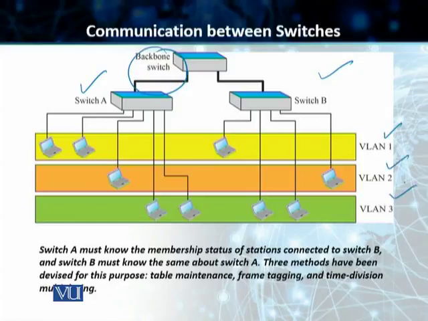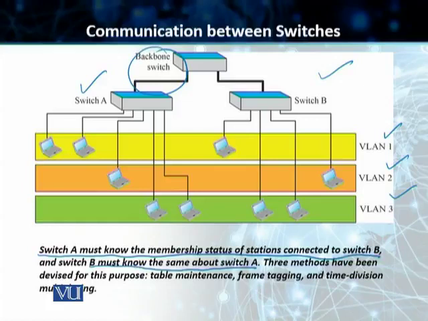The point that I'm trying to emphasize is that switch A, the first switch, must know the membership status of the stations that are connected to switch B. The reason for that is because it is sharing virtual LANs with this other switch. And switch B, vice versa, must know the same about switch A.